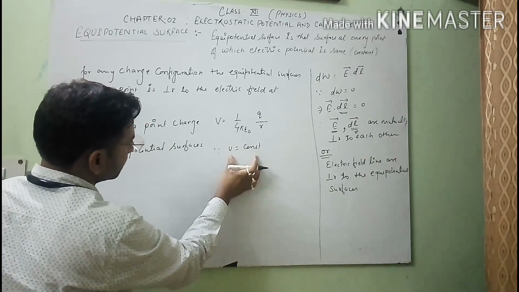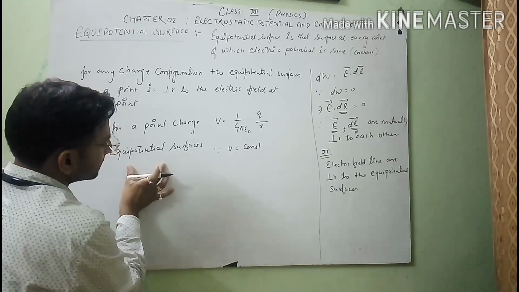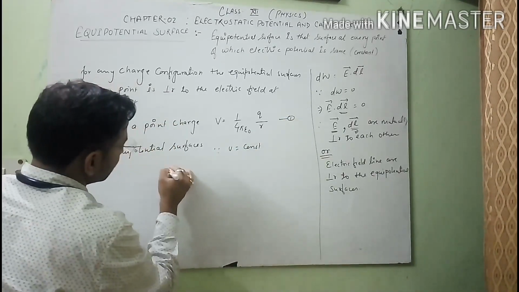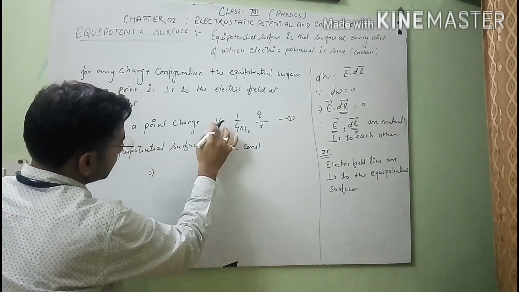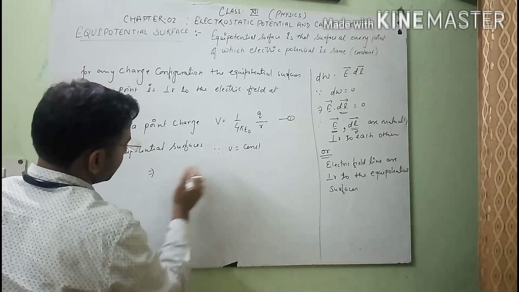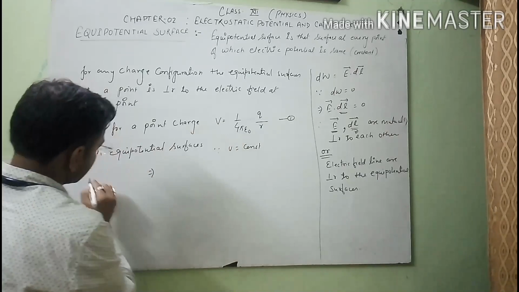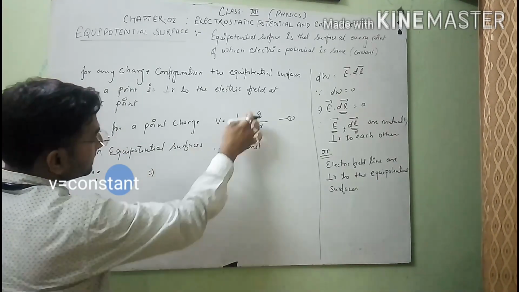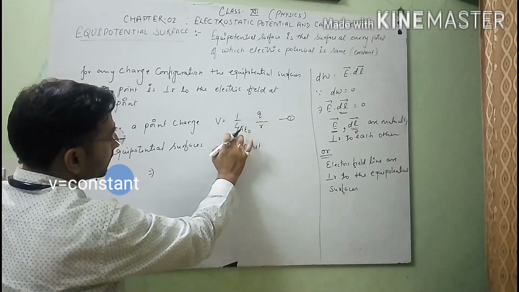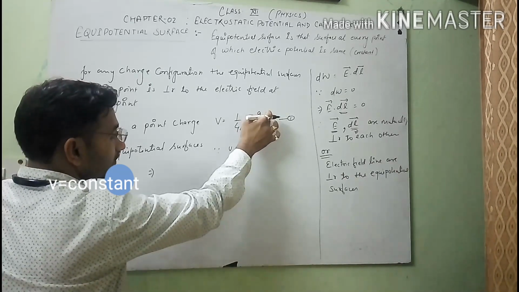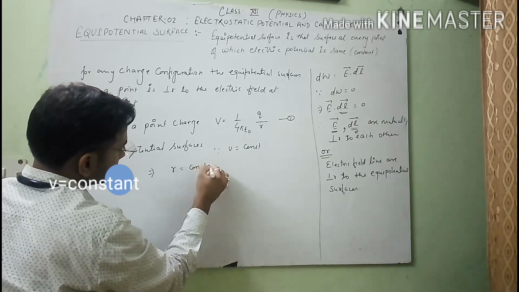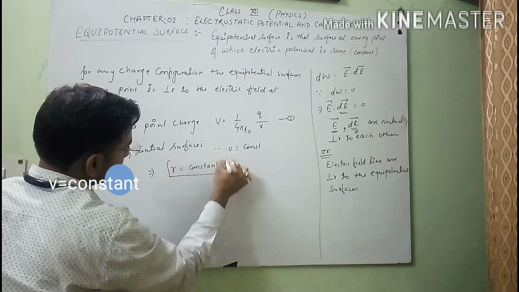Because our electric potential is constant, from this relation, if V equals constant, then 1 over 4 pi epsilon naught is already constant and the charge is already constant, so we can say that r equals constant, meaning the radius is constant.